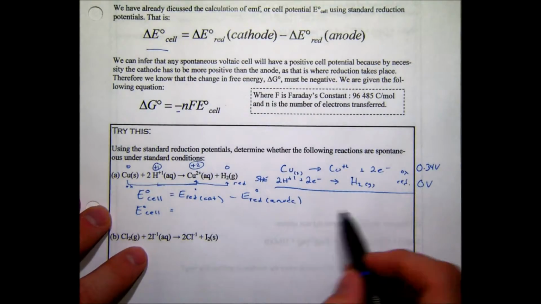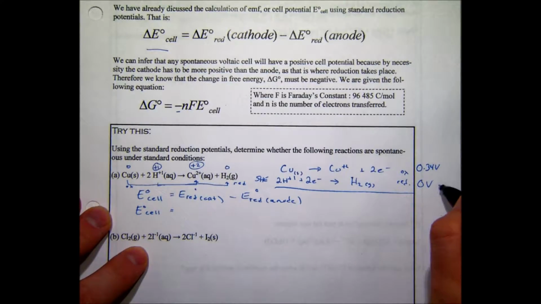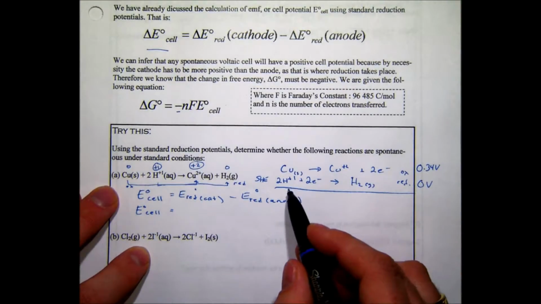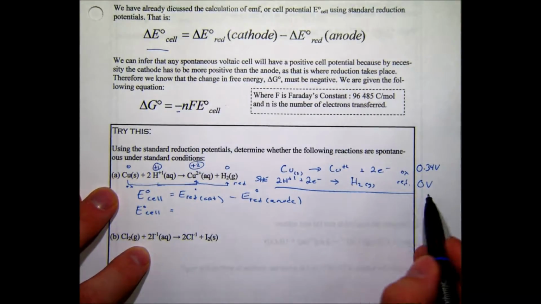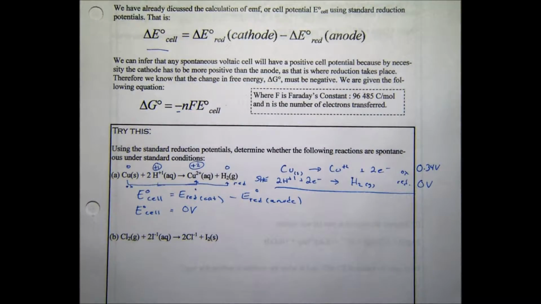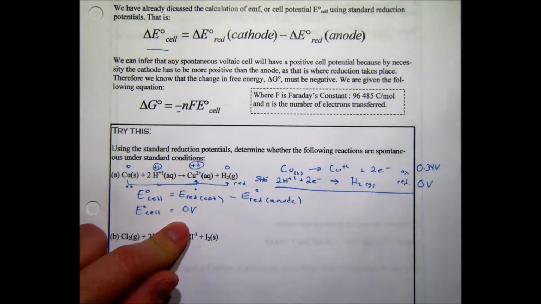In this particular reaction, it would want to be the more positive of the two, but it's not. So we have to go with what the reaction says. Hydrogen is being reduced, so we have 0 volts. Right off the bat, this is telling me that this reaction is not going to be spontaneous.